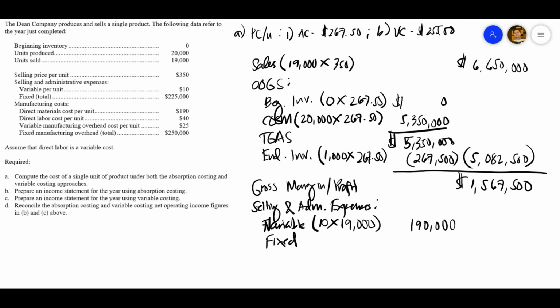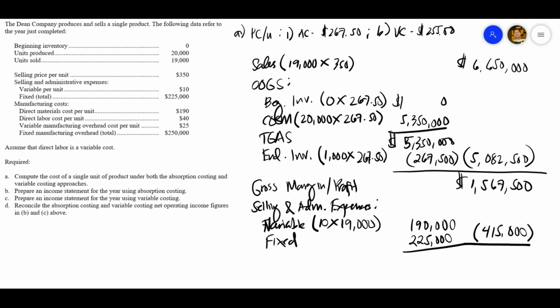Your fixed cost here, in total, is $225,000. And then we will have a total value of your selling and administrative expense of $415,000.